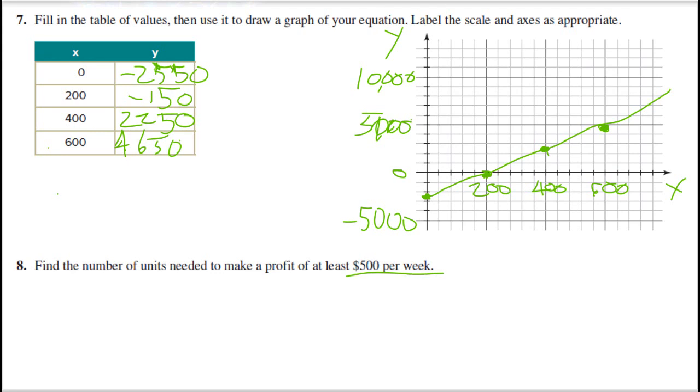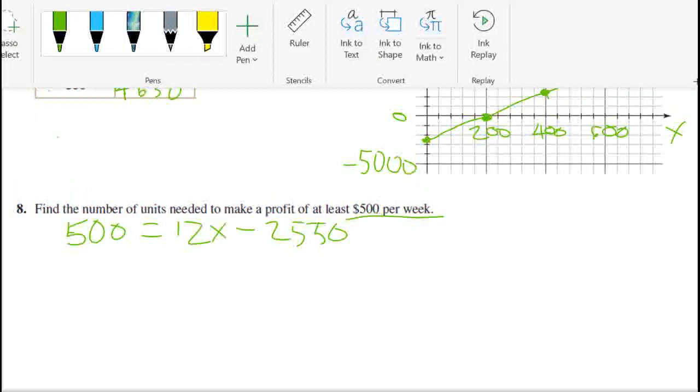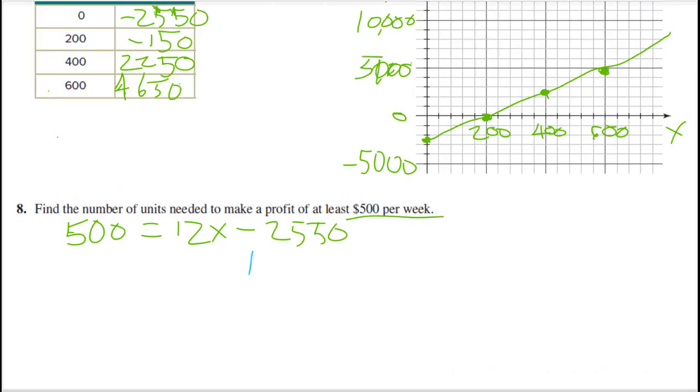Similar to what we did before with the break even, we're given profit again, but now we want profit to be 500 equals 12x minus 2,550. And I will add 2,550 to both sides.